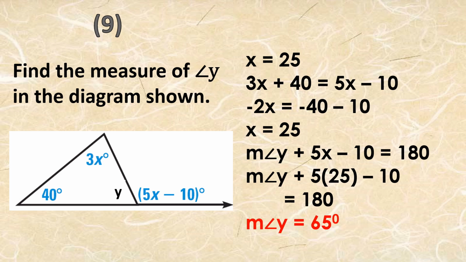That equation is a linear equation in one variable which can be easily solved, so that x is equal to 25. If x is 25, then you can substitute 25 to 5x, so that y plus 5 times 25 minus 10 equals 180. Then solve for the value of y.